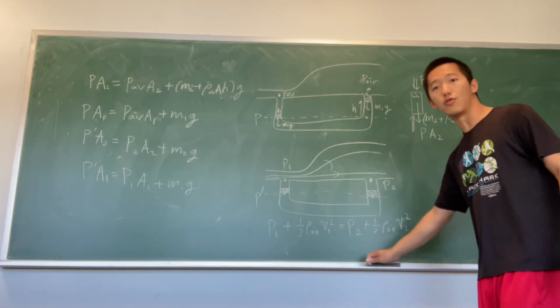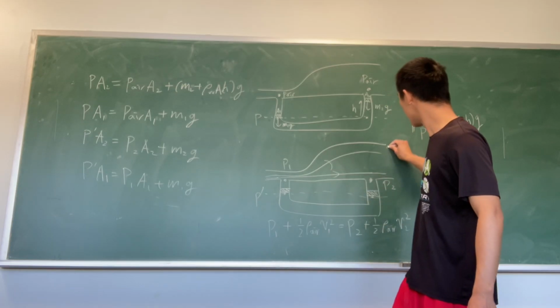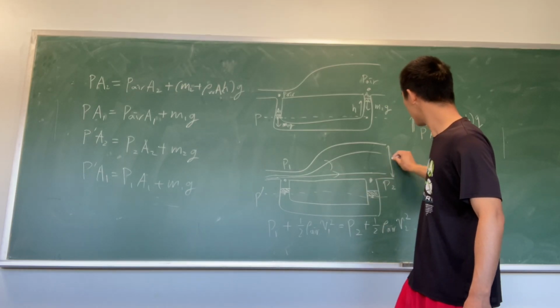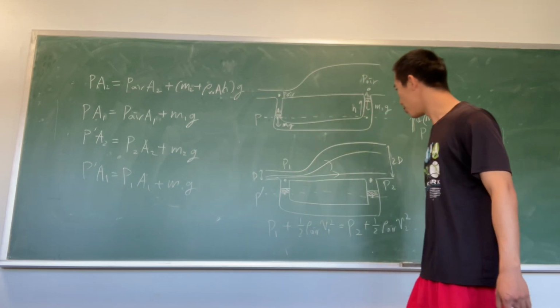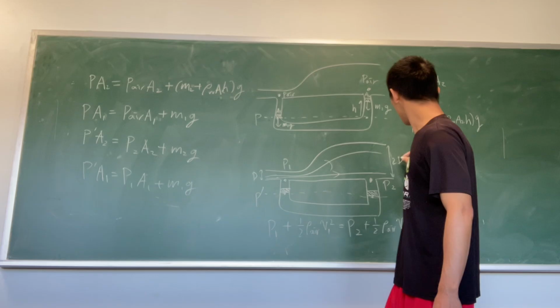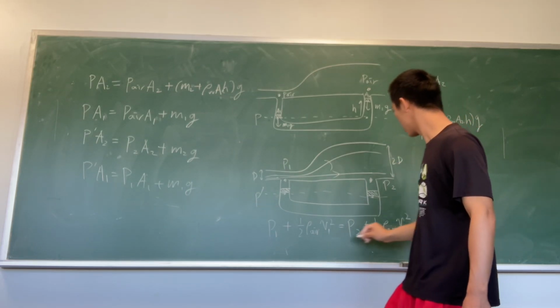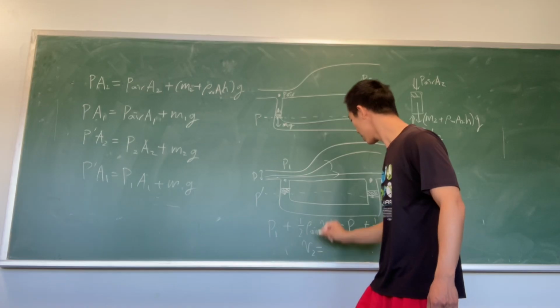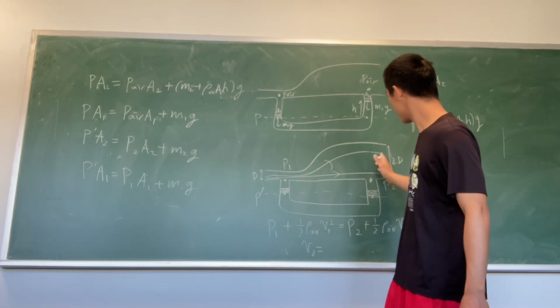And from the continuity equation, we know that because this diameter is twice at here, the speed at here will be proportional.